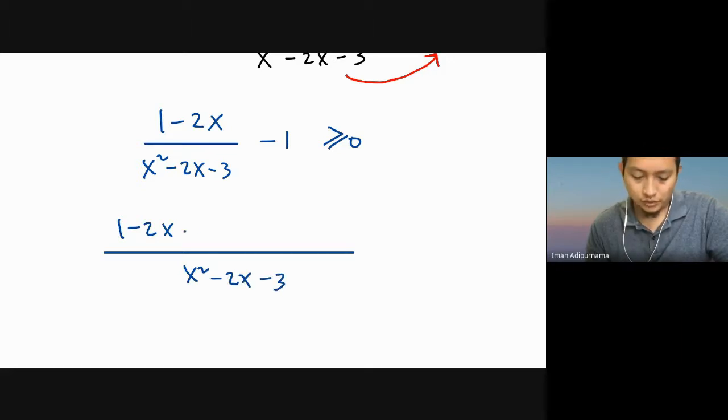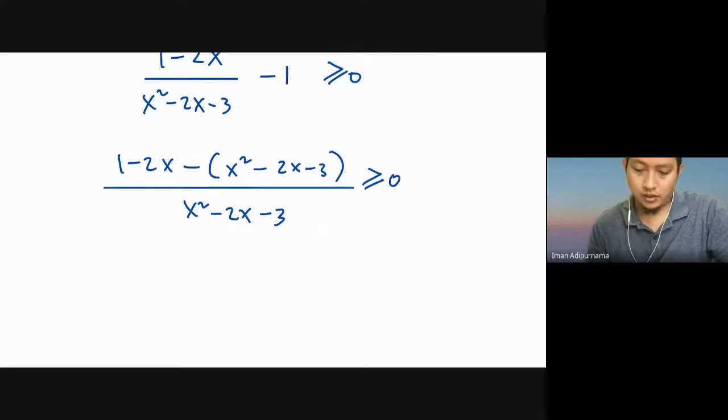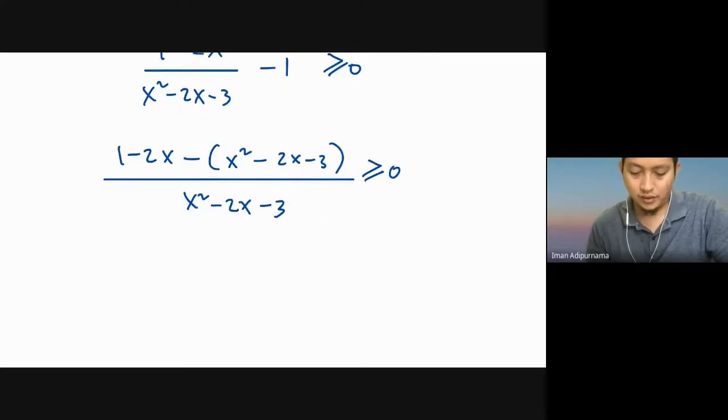So we are going to have a little bit of calculation here, and this would be greater than or equal to 0. Solving this part, we will get 4. This will cancel, and 4 minus x squared.